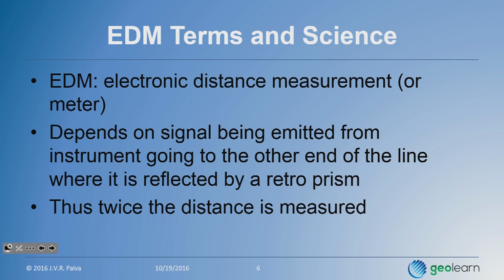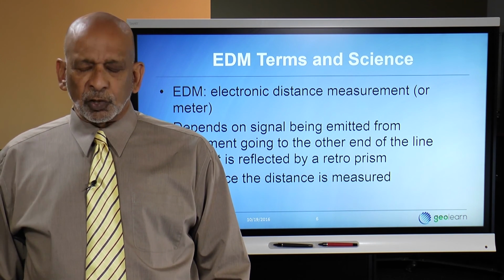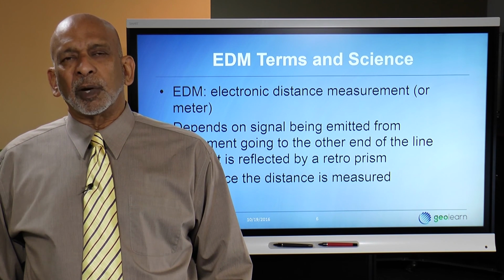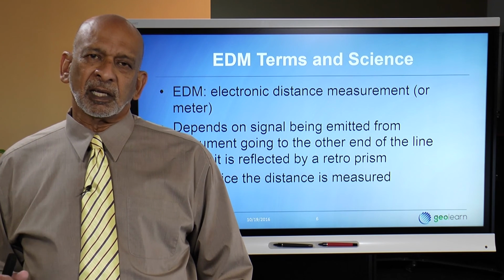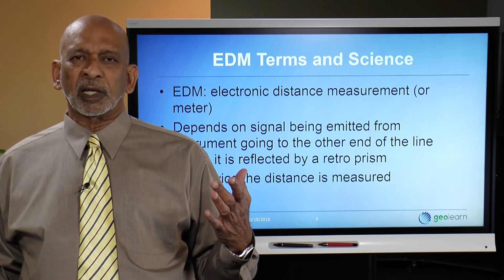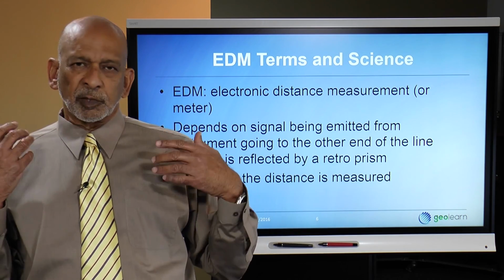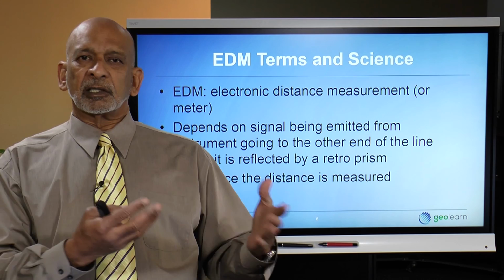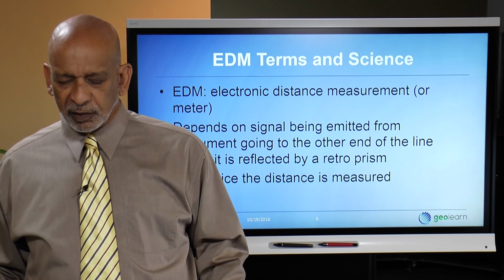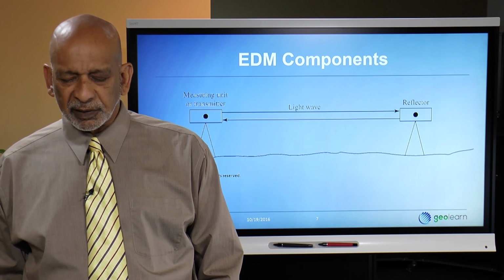I say usually because I'll talk about some exceptions to those rules. So in general, we say that twice the distance is being measured. The EDM always has some kind of electromagnetic radiation that is sent out, it comes back, and so the radiation is actually traversing the distance twice. So we're always measuring twice the distance and then taking half of that for our result.